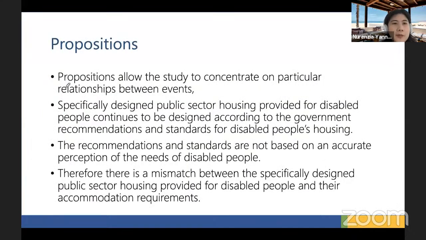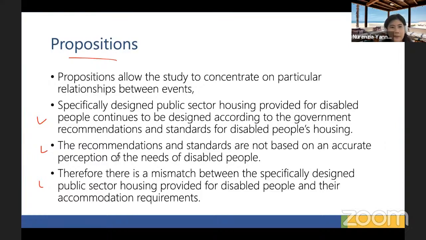Bisa juga research problems itu dikemas dalam bentuk propositions. Ya. When you use propositions, it concentrate on relationships. Ya. Ini contoh dari propositions. Okay, let's look at this one. The recommendations and standards are not based on an accurate perception of the needs of disabled people. Berarti recommendation tidak berdasarkan pada accurate perception.